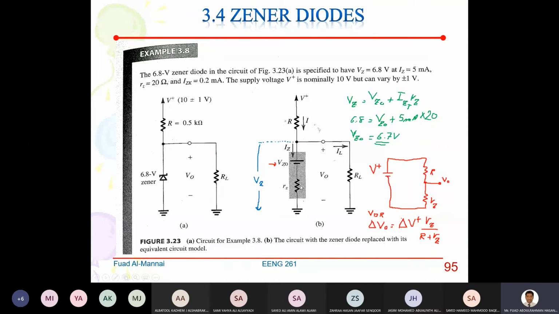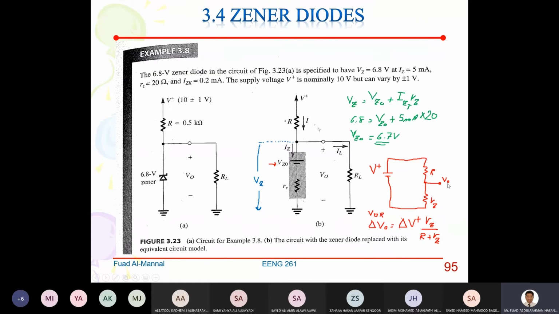So forget about VZO, we just remove it, we know that it is constant. We need to find just the delta. So we draw the circuit again. This is V plus over here, this is the R, this is V out, and this is the RZ. We ignore VZO for a moment because it's constant.